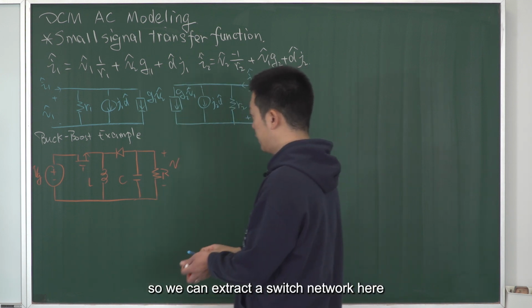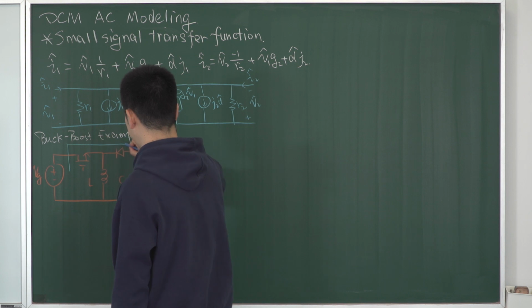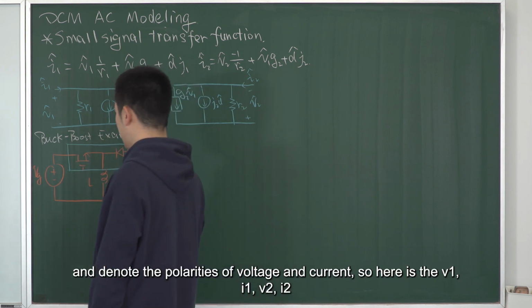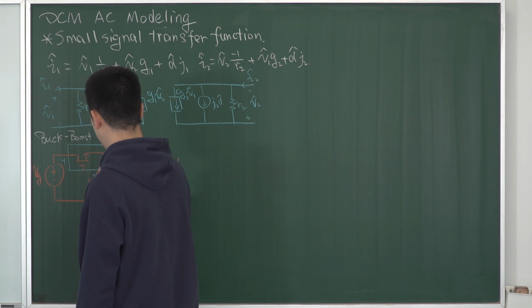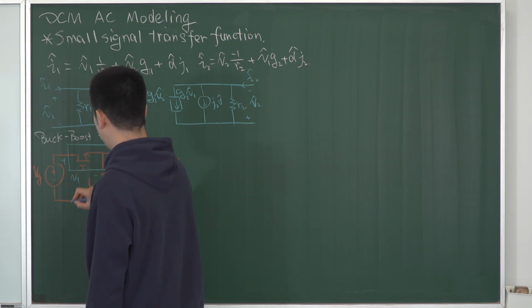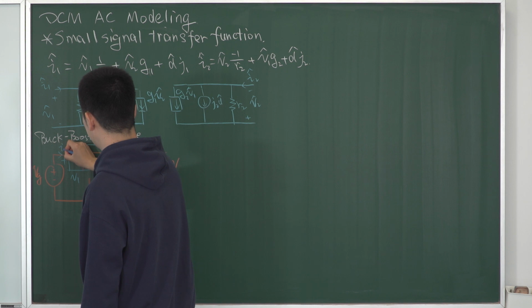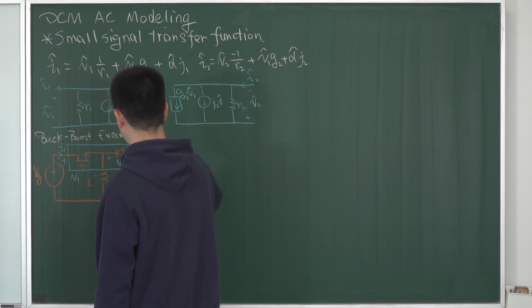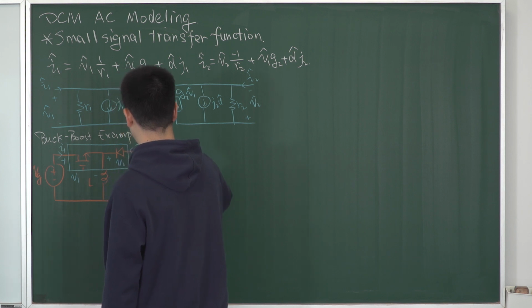So we can extract a switch network here and denote the polarities of voltage and currents. So here is the V1, and this is I1, and this is V2, and this current is I2.